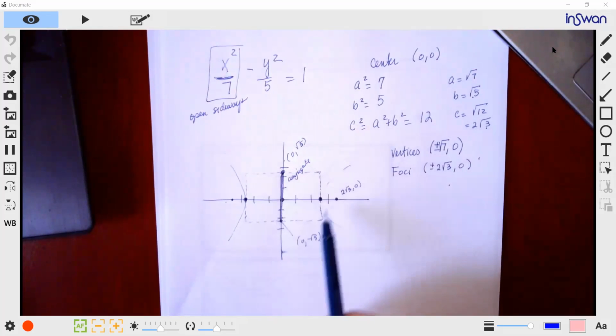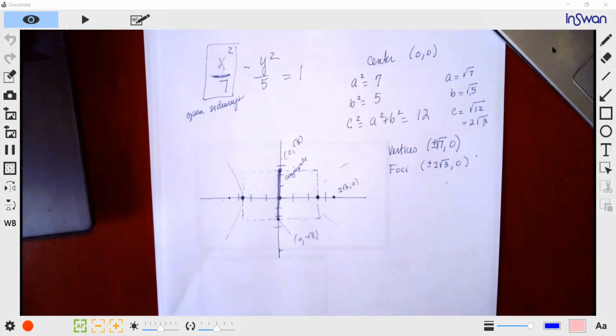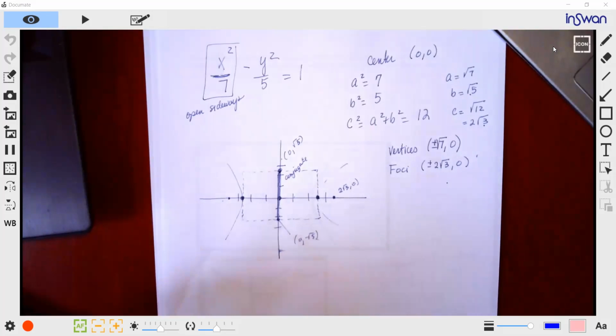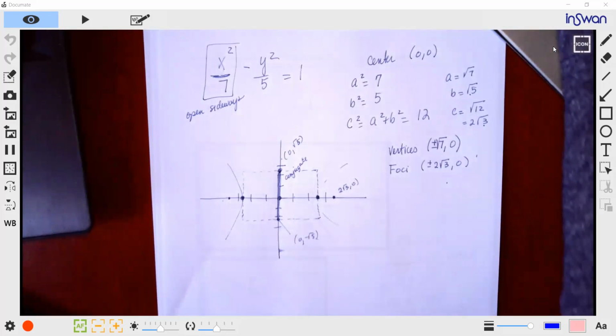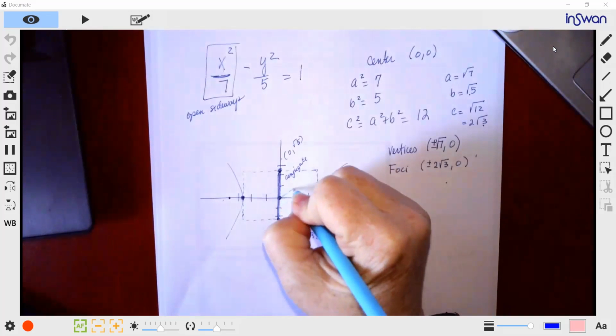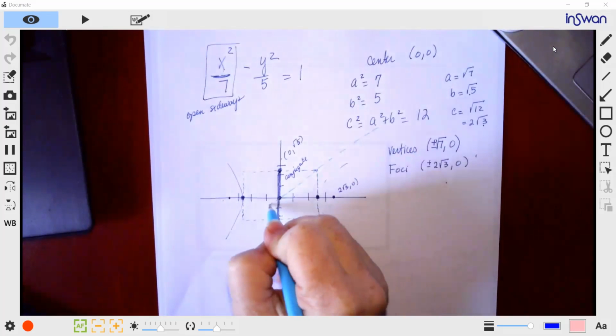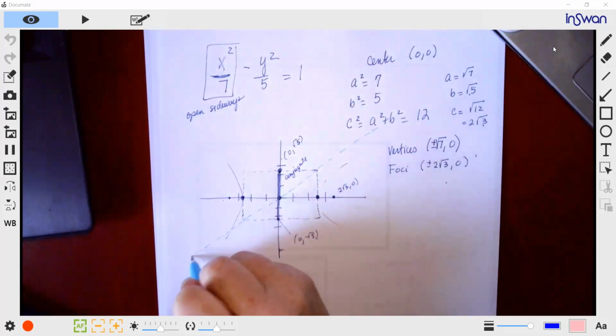These 4 points need to be the midpoints of the sides of a rectangle. When you draw that, the diagonals of that rectangle will be your asymptotes. So I'm going to draw in the diagonals of those rectangles right here. Remember, diagonals just go from corner to corner.